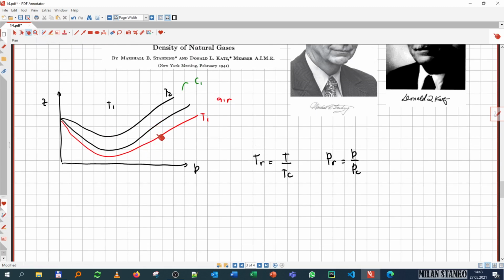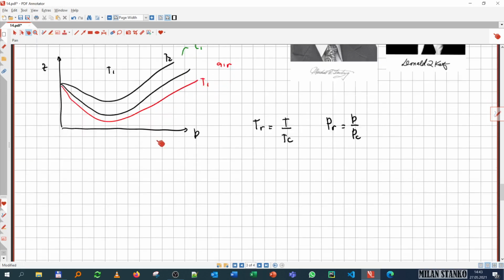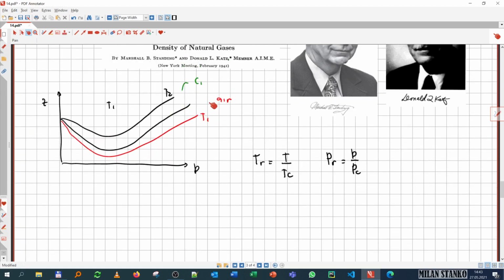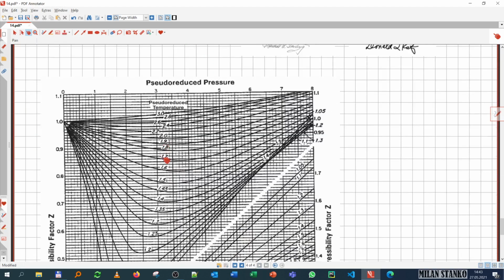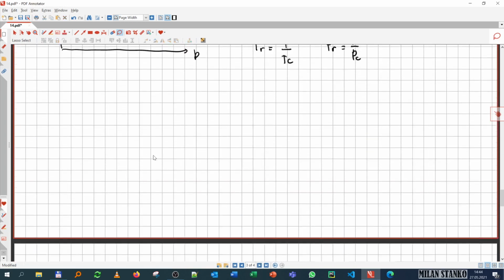So if I divide these two parts, then you see that the reduced curve for T1 for air and methane are going to fall one on top of the other. Or here I picked air, but maybe it's not the best example. I maybe use, for example, ethane. Okay, so you see that what Standing and Katz provided to the industry was this chart.